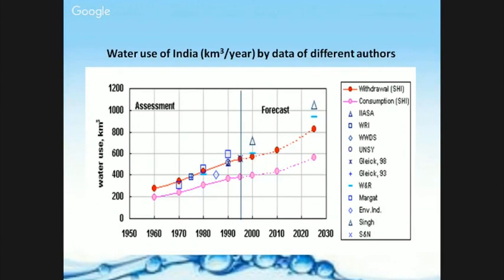You would be finding that more than 50% of the water which is extracted in each of these sectors is wasted. That is the paradoxical situation which we have knowingly or unknowingly tried to ignore. And this is a projection with respect to maybe 15 years from now.